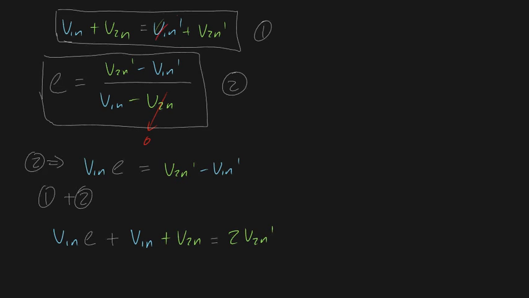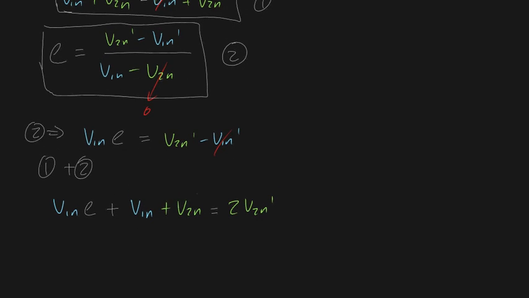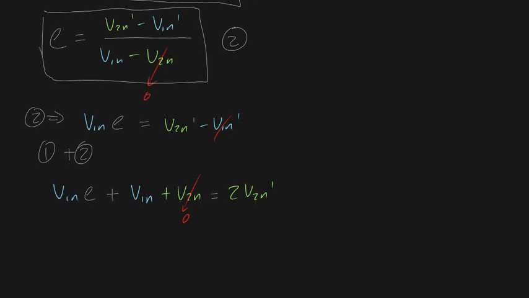Basically, these cancel out when you add them. We can simplify this a little bit more, knowing that v2n is actually equal to 0, and we're left with v2n dash is equal to v1n times e plus v1n, all divided by 2.